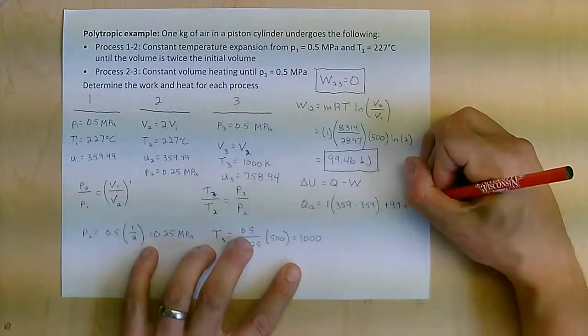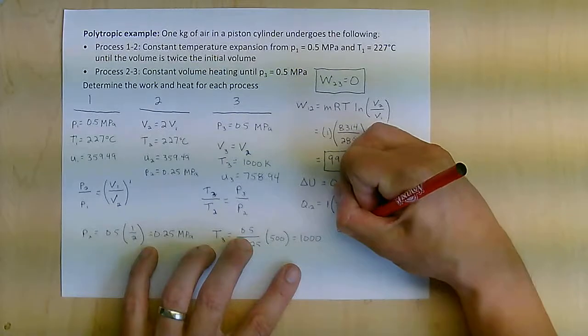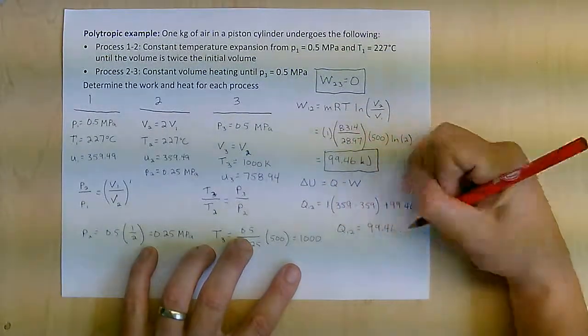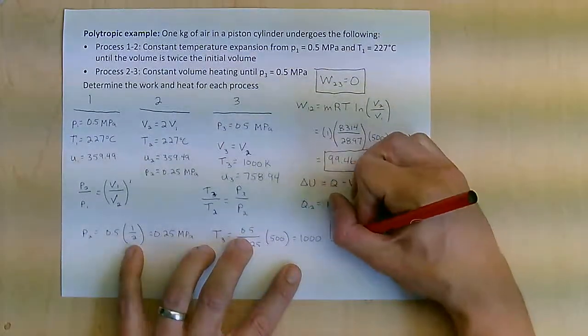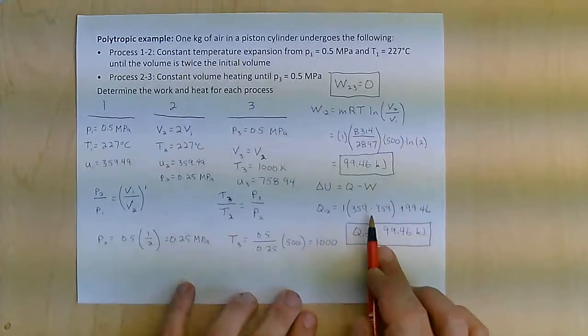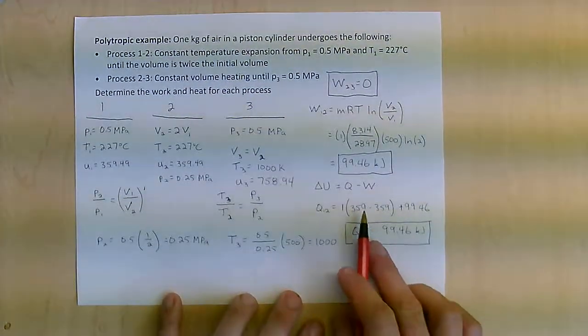So Q1 to 2 equals 99.46 kilojoules. That is because at constant temperature, there is no change in internal energy for an ideal gas.